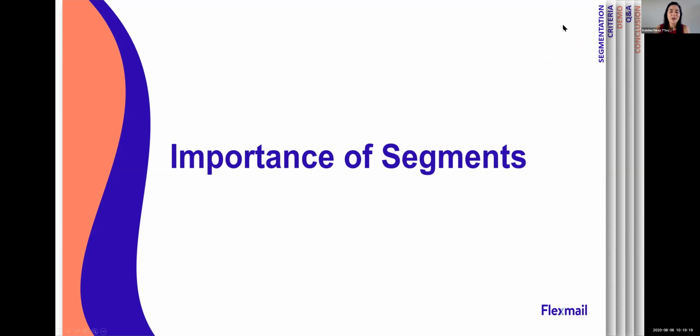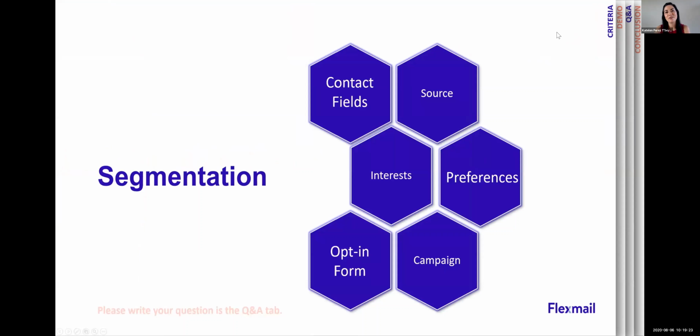So let's go through the criteria of how you can segment. There are different criteria that you can use to create segments. These are like triggers. If you have your segment of Company A, you can divide them up into subsegments with contact fields. That could be the general contact fields, like the email, the name, maybe the date of birth.